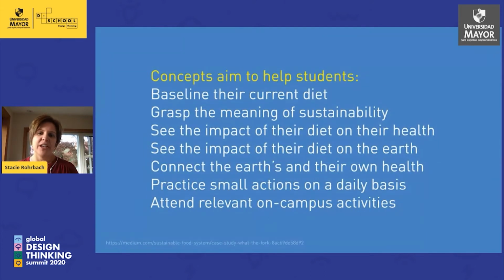The team sought to help students baseline their current diet, grasp the meaning of sustainability, see the impact of their diet on their health, see the impact of their diet on the earth, connect the earth's and their own health, practice small actions on a daily basis, and attend relevant on-campus activities.